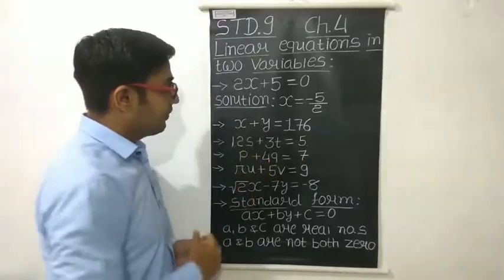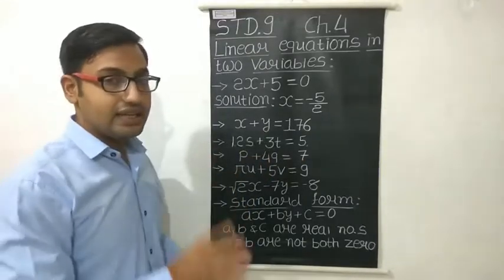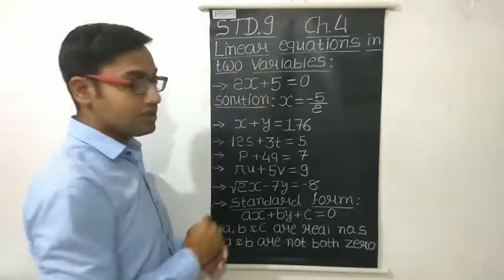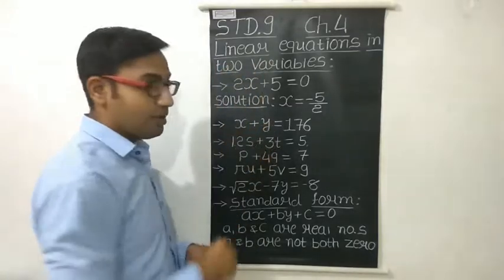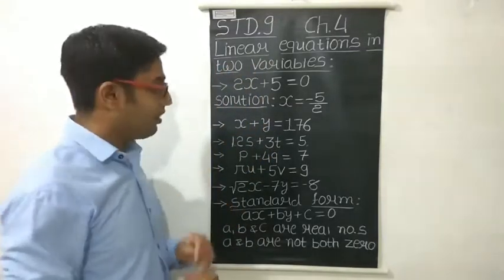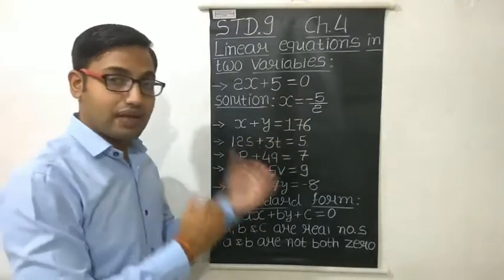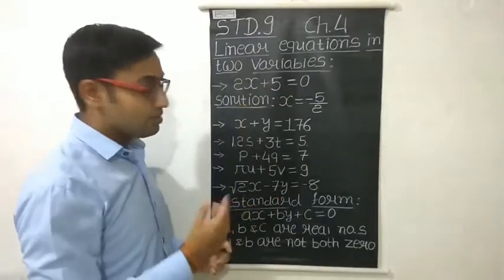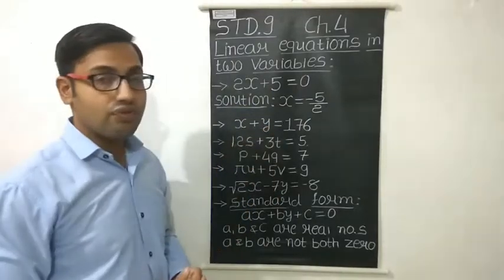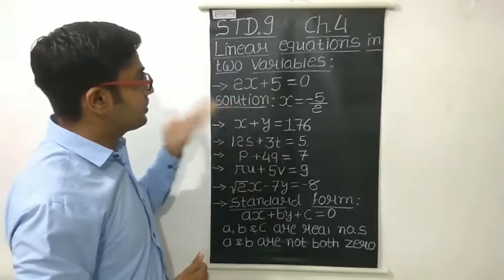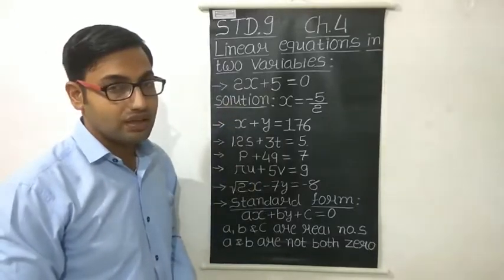So in this way it is now clear how we can represent it. Linear equations means both the variables must have power one. Equations means some value must be defined. Two variables means two different kinds of variables we have to take. So this is the meaning of the chapter, linear equations in two variables, right?